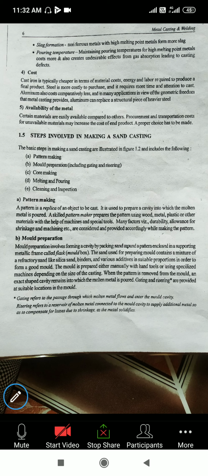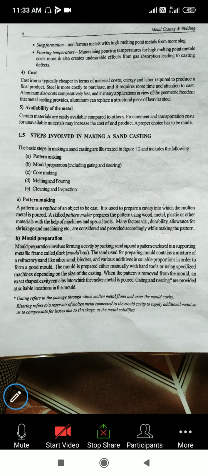For non-ferrous metals used as casting alloys, the cost is also very high. Now the availability of the metal. Whatever metals you select for casting, you have to check whether they are easily available, meaning you can get the raw material over the longer term.